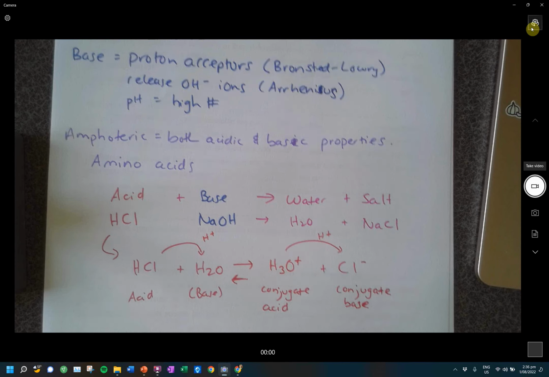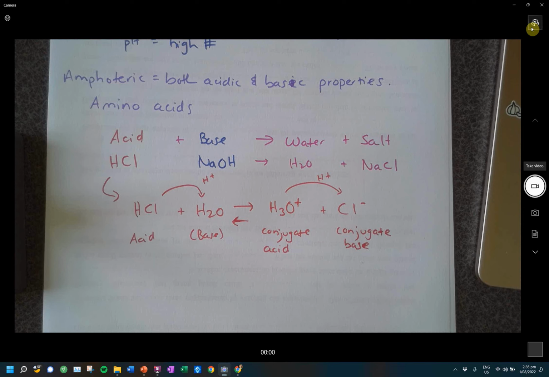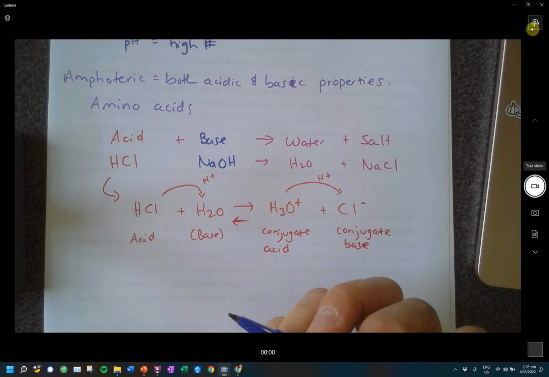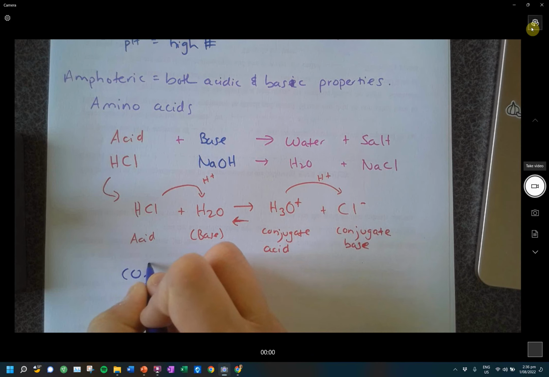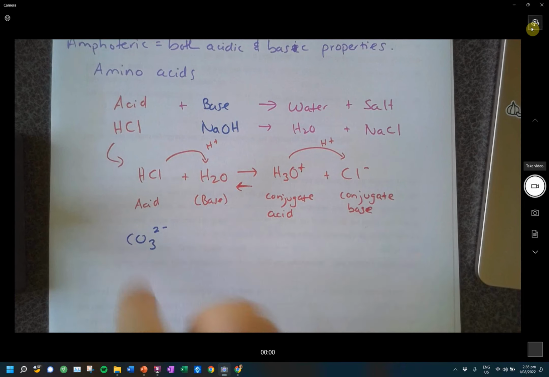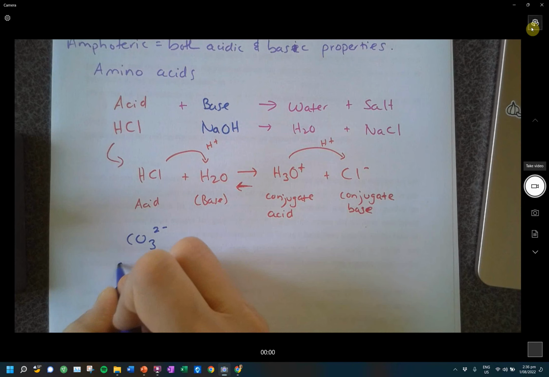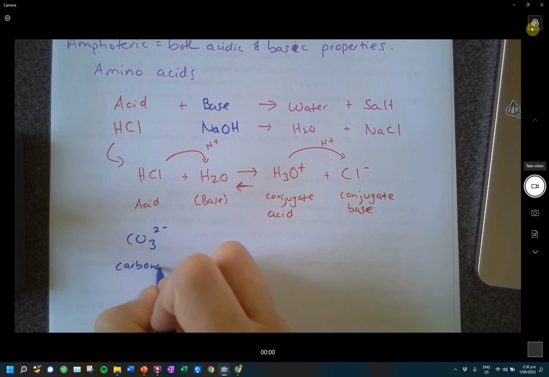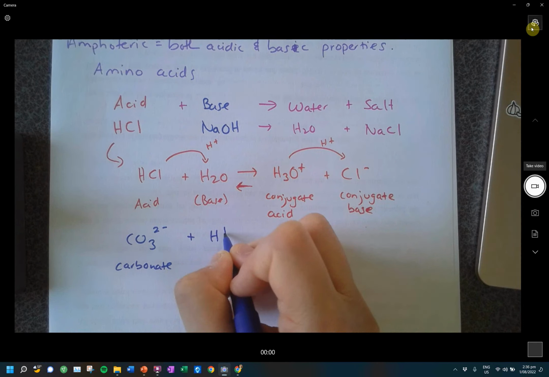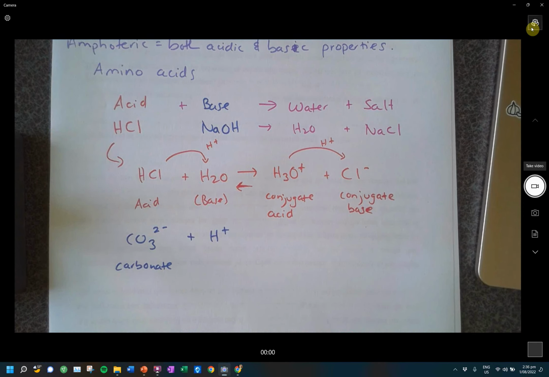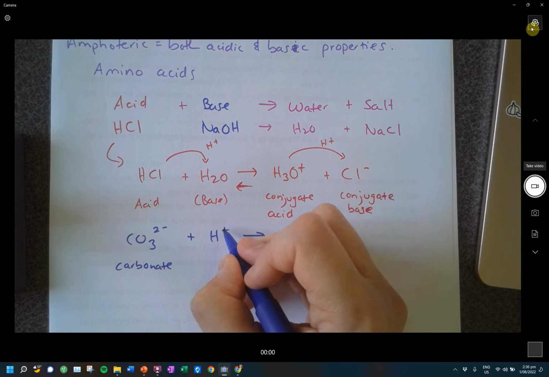Another example? I can do one with the base. So for example, if I have CO3 2 minus, so this is my carbonate, and I have some hydrogen ions floating around in my acid. Actually, we'll have H2O.